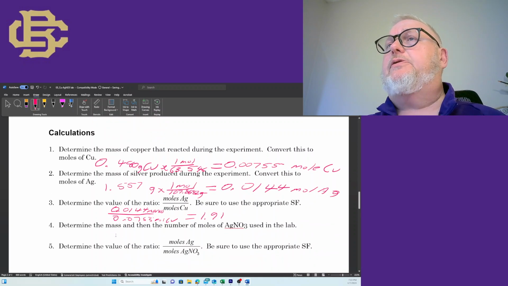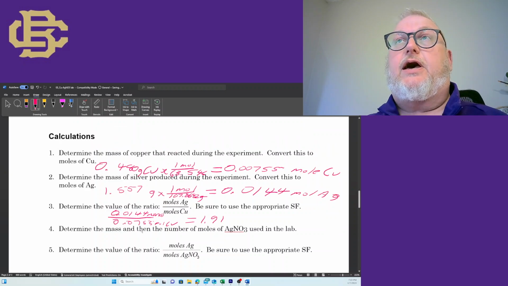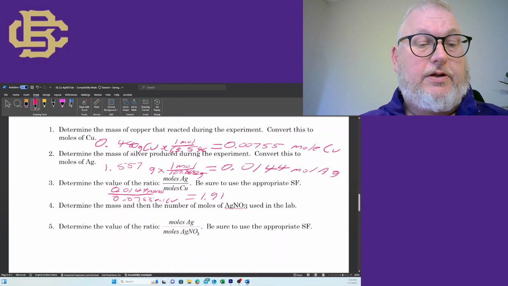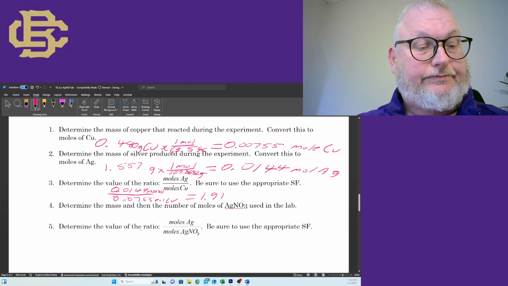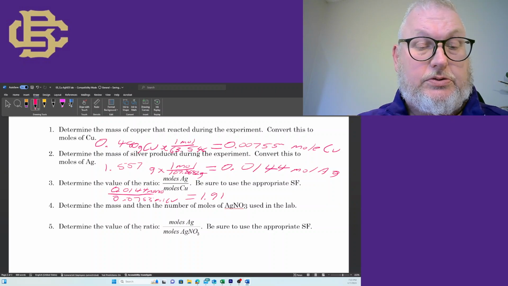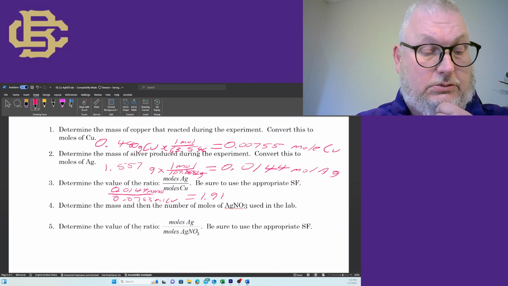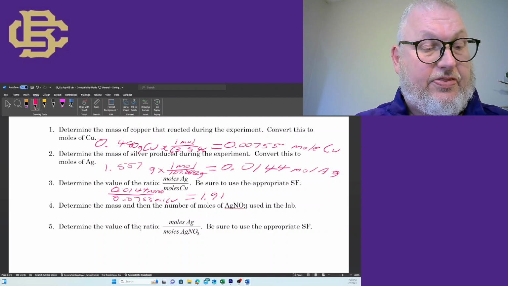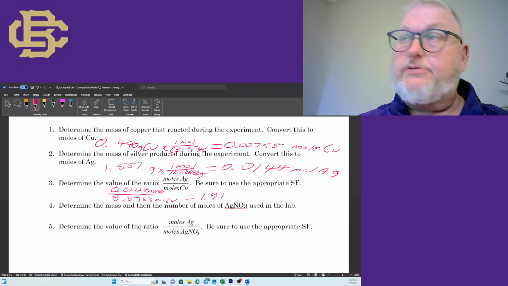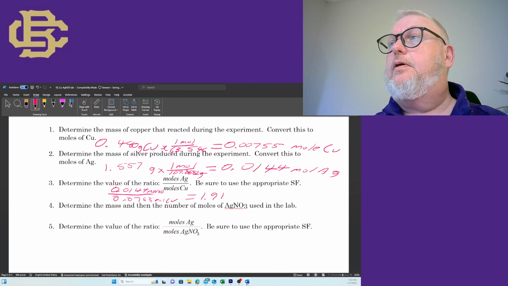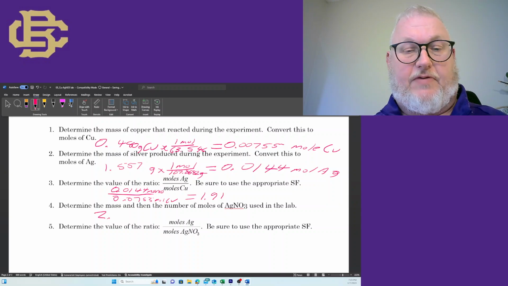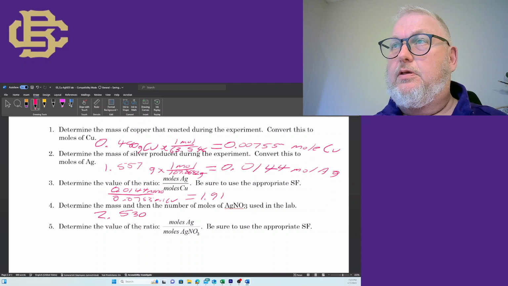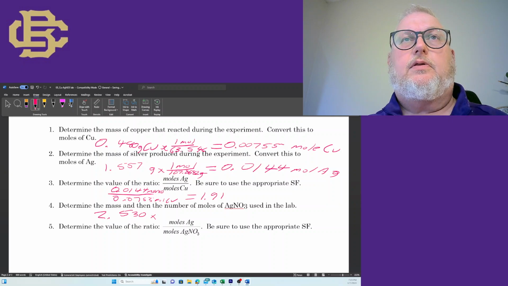So let's determine the number of moles of silver nitrate. We started with 2.53, I believe, grams. Let's write that down, 2.530. That's how much we started with. So let's do our molar mass of that.